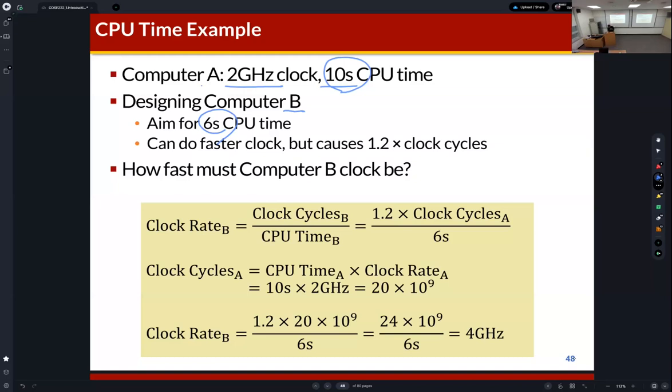Then we can use a faster clock, but it increases the number of clock cycles, the clock count, to 1.2 times the original clock cycles. Then we can calculate the frequency of CPU B.